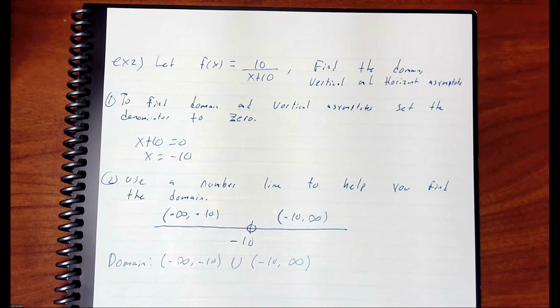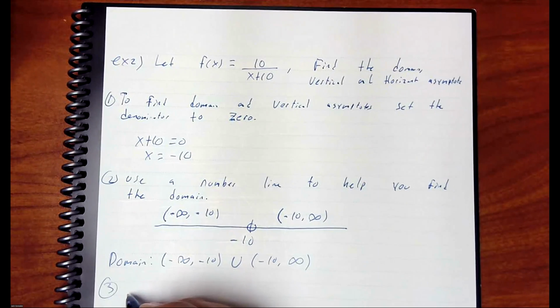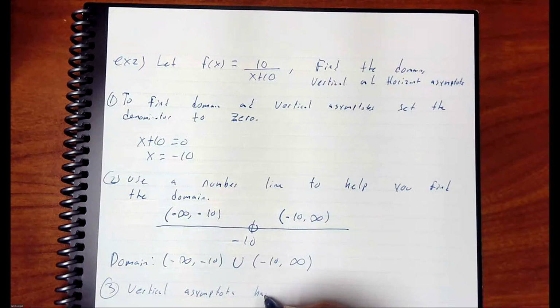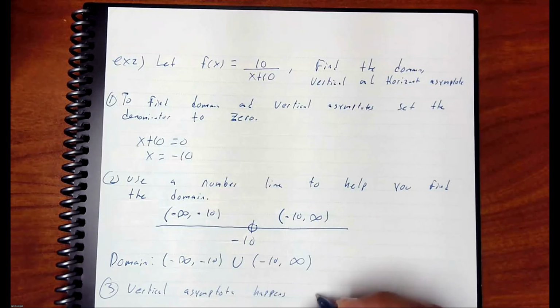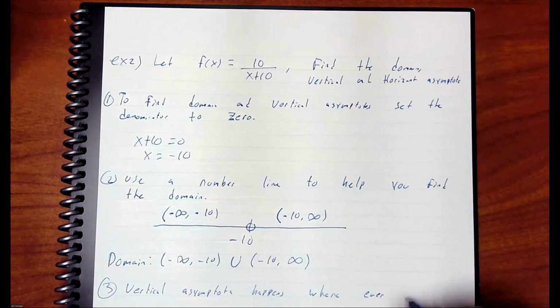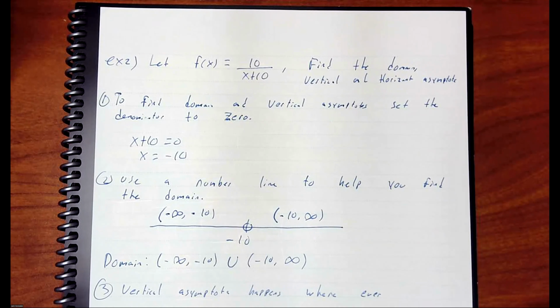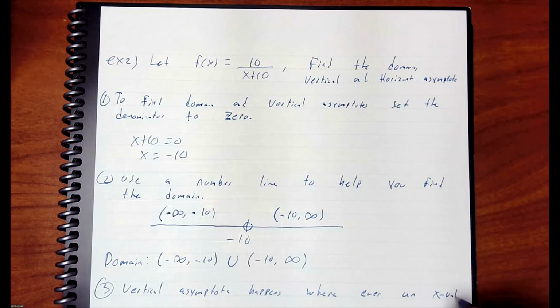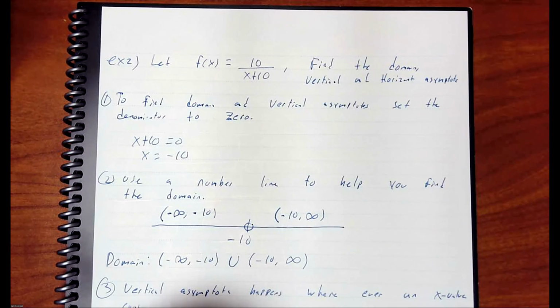All right. Vertical asymptote. The vertical asymptote happens wherever an X value causes division by 0.